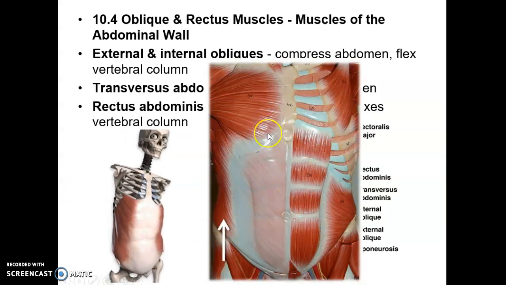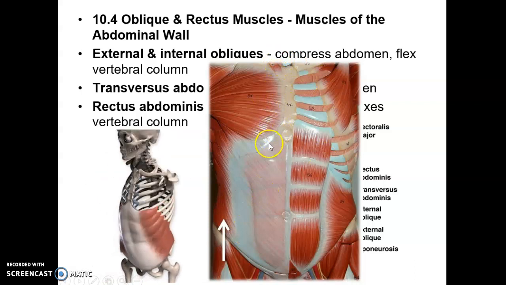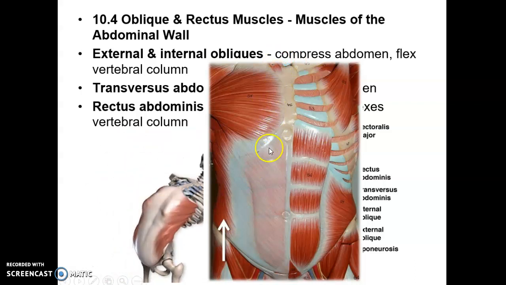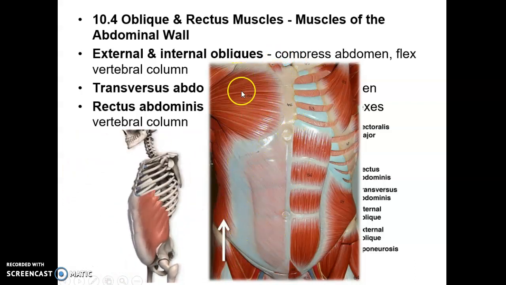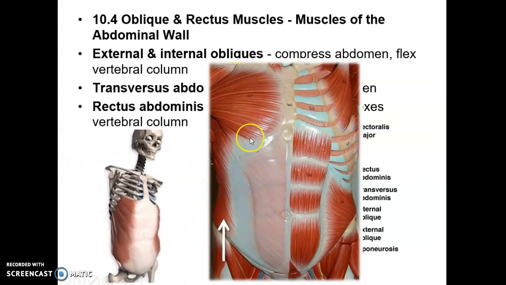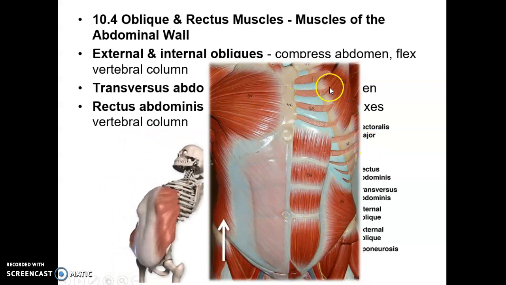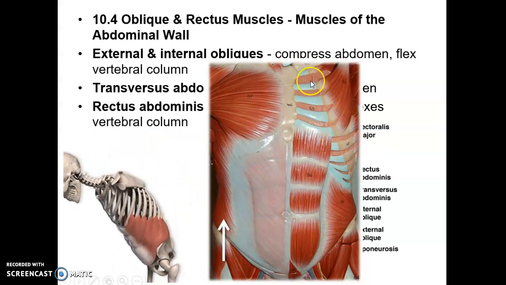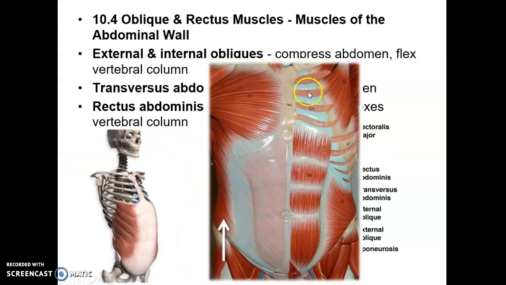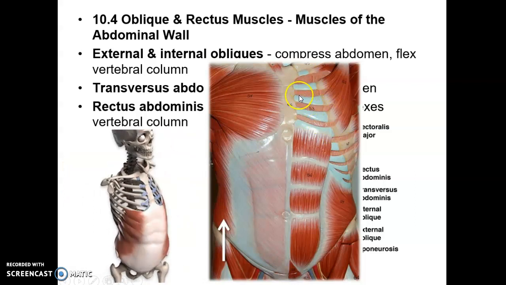On the model that we have, and you'll see that on your lab supplements, one side of the model tends to be the superficial muscles, and then the other side, the deeper muscles. That's why they look different. Notice here you can see the ribs and their cartilaginous connections to the sternum.